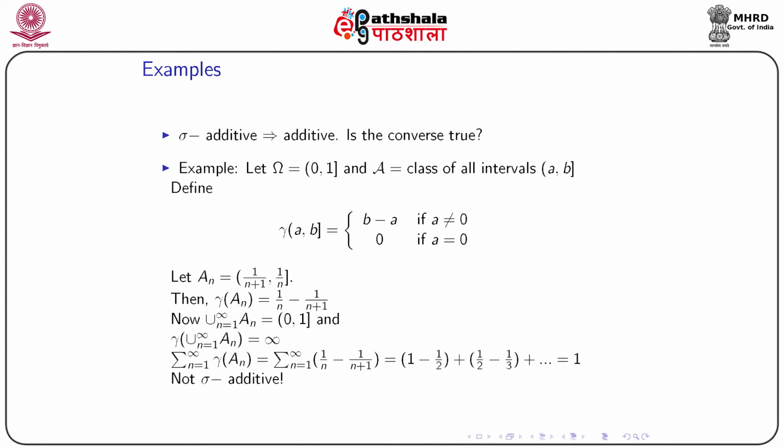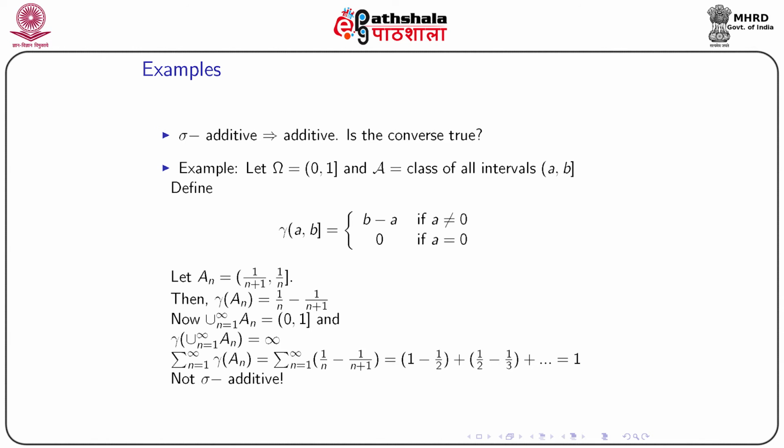Now, we are considering a set A_n, depending on the suffix n, of the form a open, b closed. So, we are taking (1/(n+1), 1/n]. Now, by definition of the set function, if we want to find the value of gamma(A_n), it will be 1/n minus 1/(n+1). Why? Because the left element is not 0.